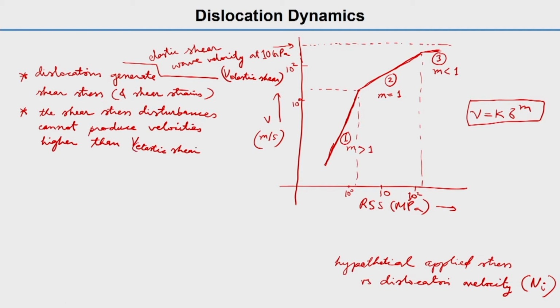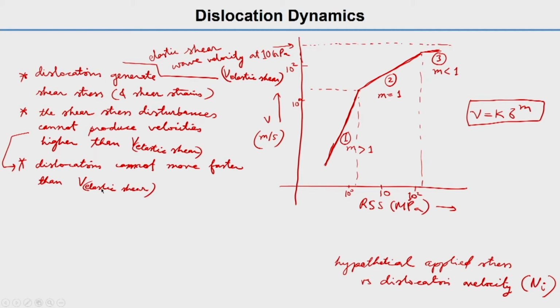So I would write it like this: dislocations cannot move faster than V elastic shear. So the velocity should be less than that.